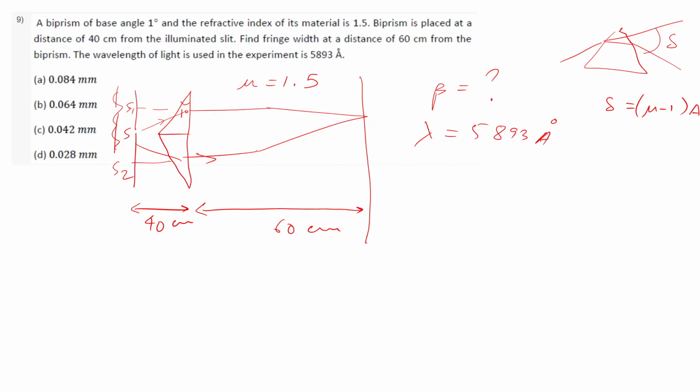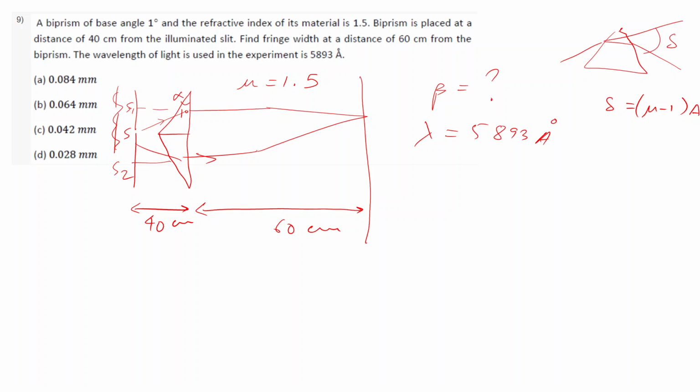Here this angle is the angle of prism, let's call it alpha, whose value we have been given. This is the angle of deviation.